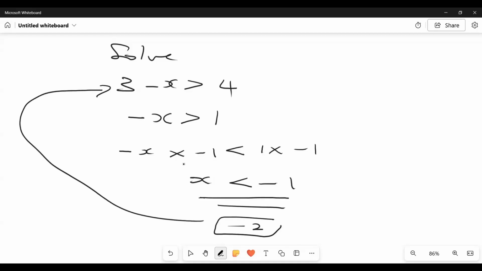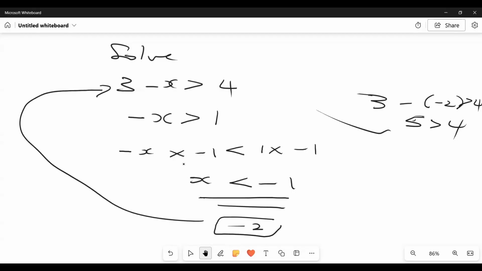So you get 3 minus minus 2 is greater than 4. Isn't that true? This becomes 5. 5 is greater than 4. That is true, right? It is true. So we were right to reverse the inequality sign.